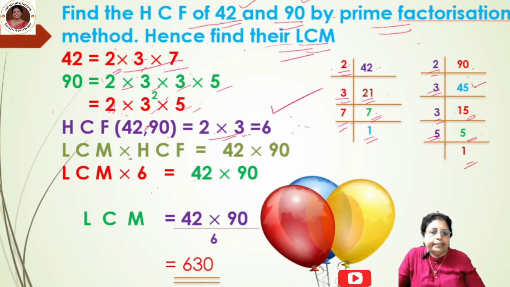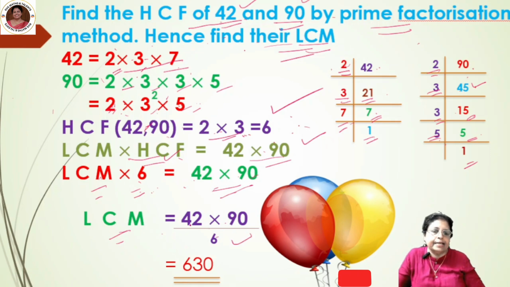Then the relation is this. LCM times HCF equal to 42 times 90, the product of the numbers. Okay. So you substitute the values. LCM times 6, 6 is the HCF. Substitute the value here. Then that is equal to 42 times 90. Okay. Then you can write LCM equal to this 42 times 90 divided by 6.